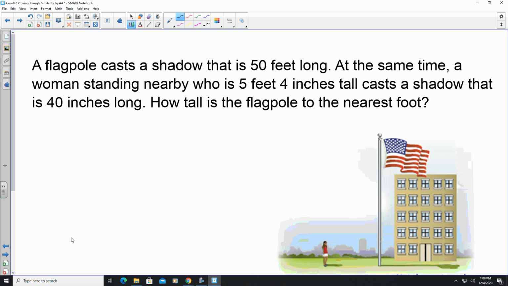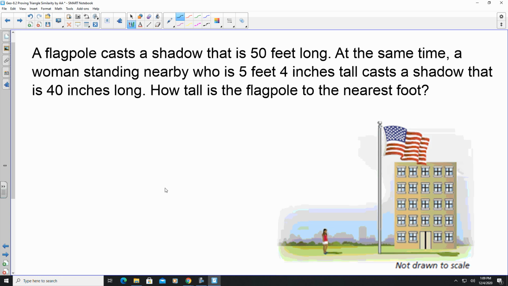Finally, here it says a flagpole casts a shadow that is 50 feet long. So the shadow of this flagpole is 50 feet. At the same time, a woman standing near is 5'4" and the shadow cast for her is 40 inches.